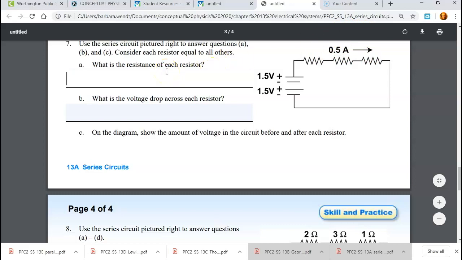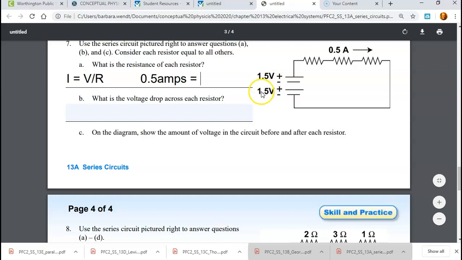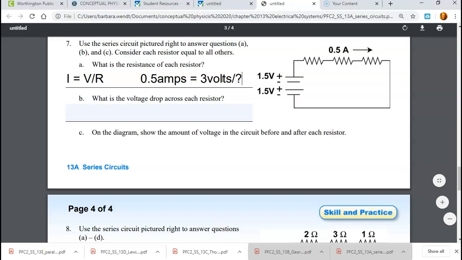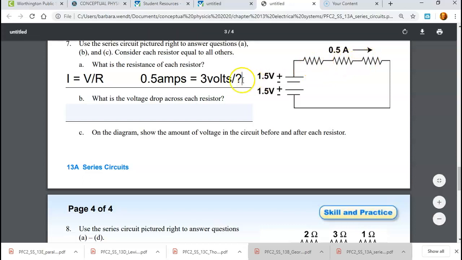So if current equals voltage divided by resistance, I know my current is 0.5 amps. I know my voltage, right here, 1.5 plus 1.5 would be 3. And I do not know the resistor, but there are 3 of them.